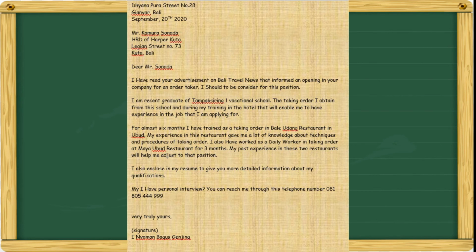For almost 6 months, I have trained as an order taker at Balai Udang restaurant in Ubud. My experience in the restaurant will give me a lot of knowledge about the technique and procedure of order taking. I also have worked as a daily worker in order taking at Maya Ubud restaurant for 3 months.